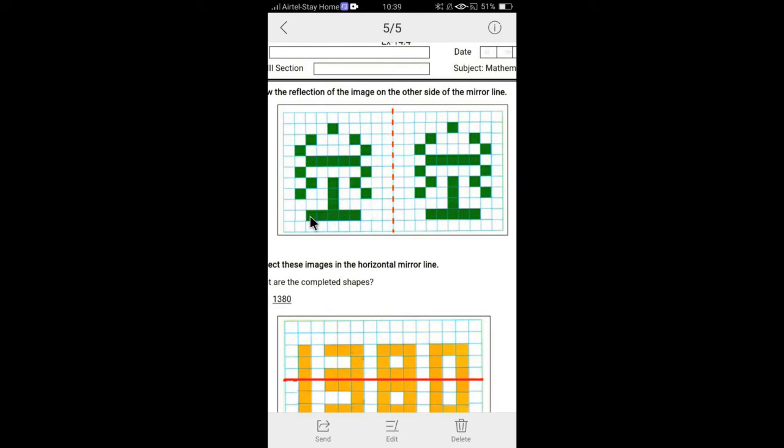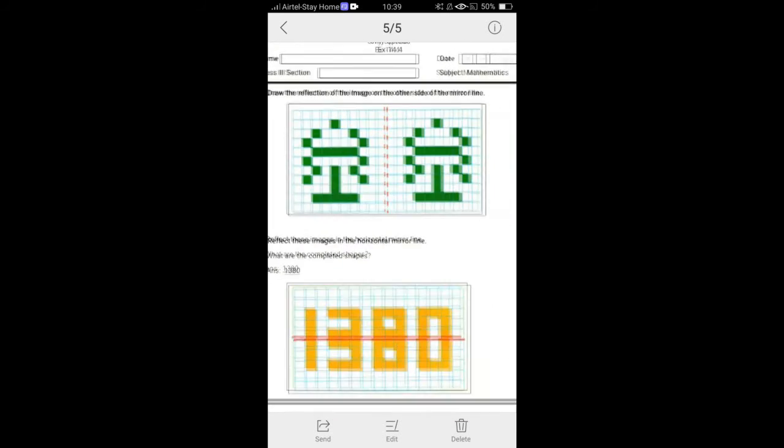Down, they have colored 1, 2, 3, 4, 5 square boxes. I also do 1, 2, 3, 4, 5, and up 1, 2, 3, 4, exactly the same. At the last part, over here is one box gap, then I have given again a straight line. Same things I have given here. In this way, any shape we can reflect. Make sure you follow the mirror line, the middle line, the red line.